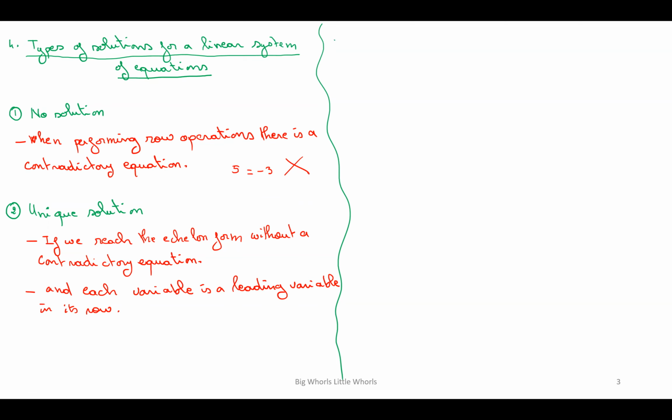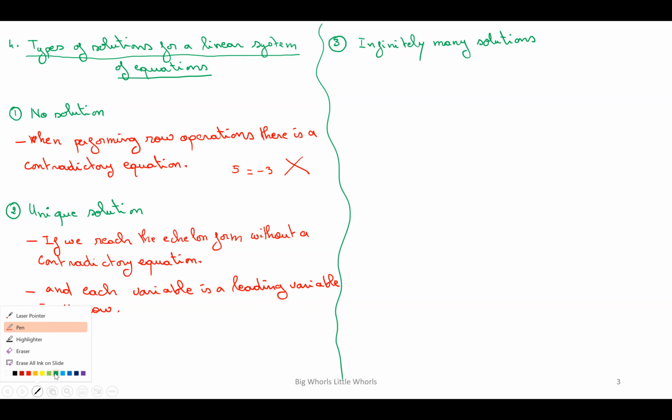Lastly, a linear system of equations can have infinitely many solutions. And how do we know? Number one, we need to get to the echelon form without contradiction.